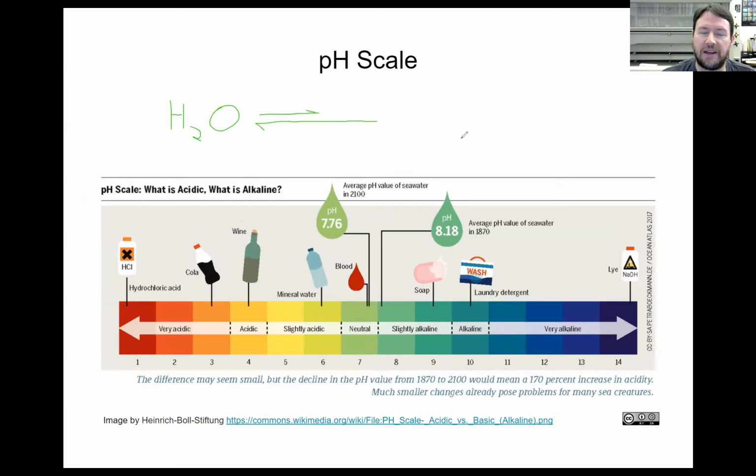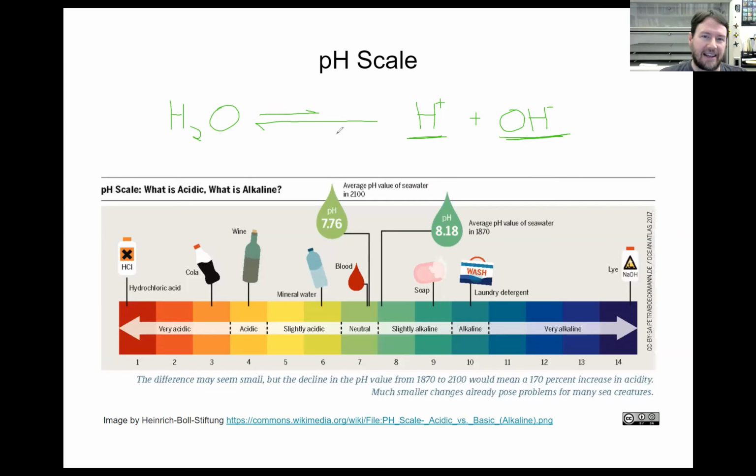I'm going to put a much bigger arrow for the reforming into these 2 different ions, the hydrogen ion or the hydroxide ion. Usually this doesn't happen very often. Usually if these ions meet up, they're going to react to form a water molecule. It's more stable. And there is that sharing of electrons, even if that sharing is unequal.